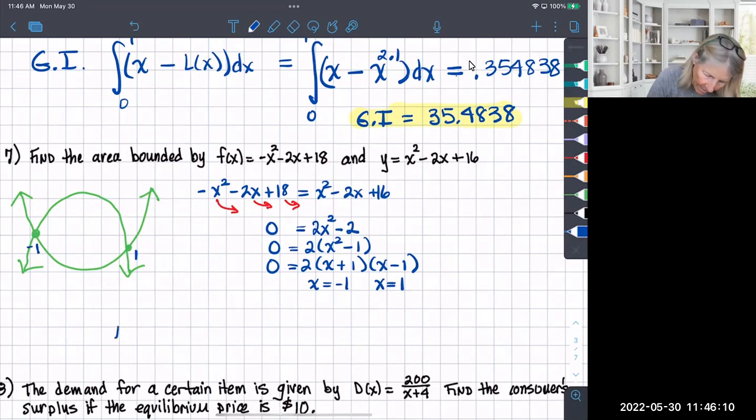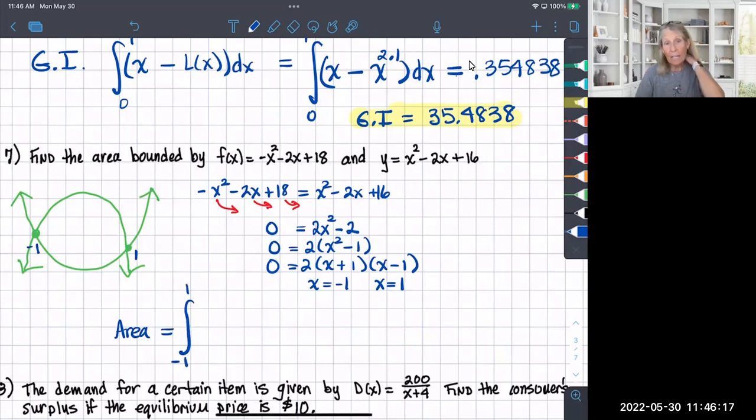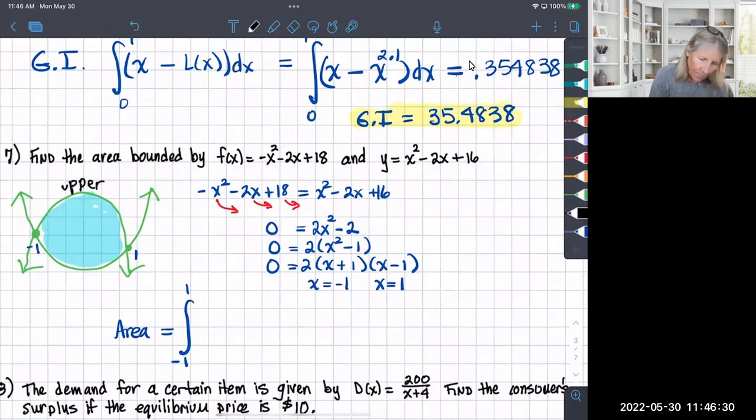So to find the area, I'm going to be integrating from negative 1 to positive 1. Now the upper curve, if you think about this area we're finding, which is the area between these curves, the top curve is the parabola that faces down.